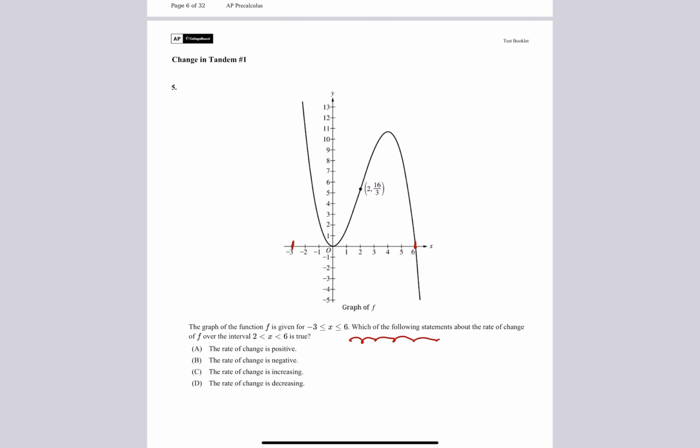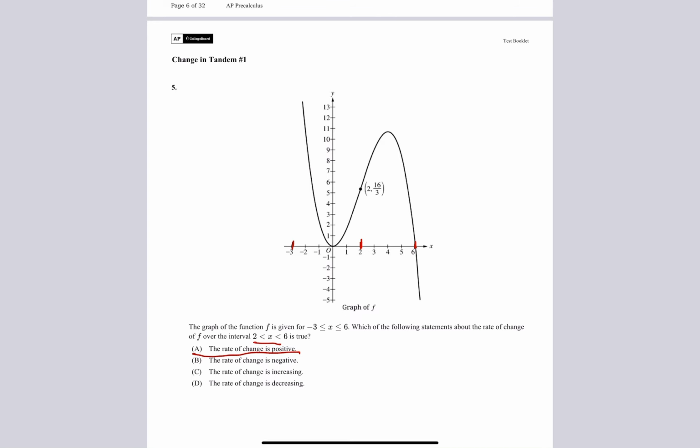Which of the following statements about the rate of change of f over the interval 2 to 6 is true? Okay, well, we're looking at 2 and we're looking at 6. They're mentioning that the rate of change is positive. What do you say? It's positive?